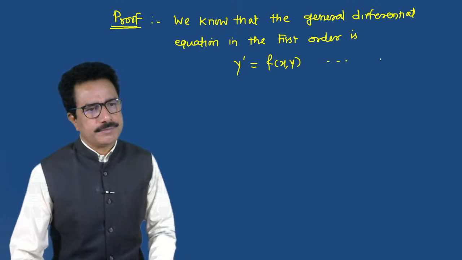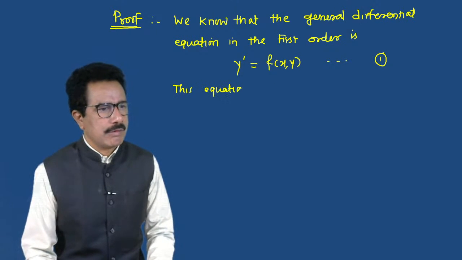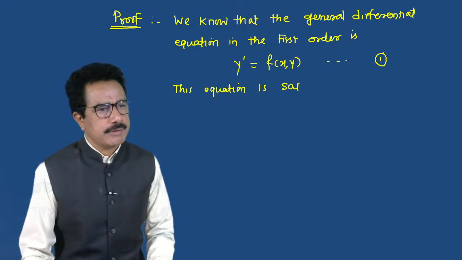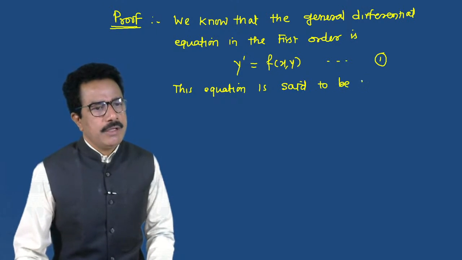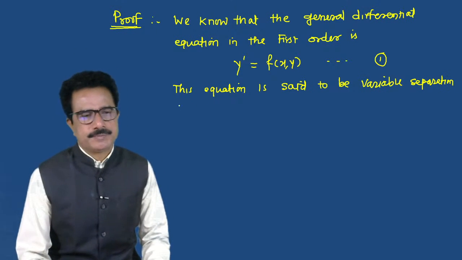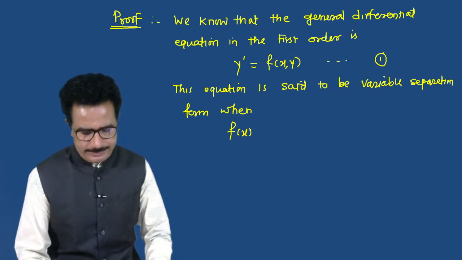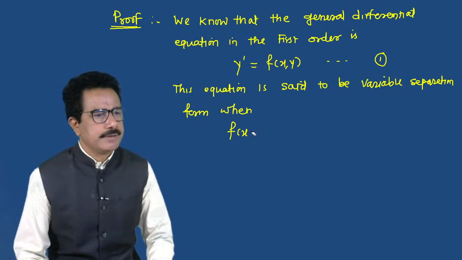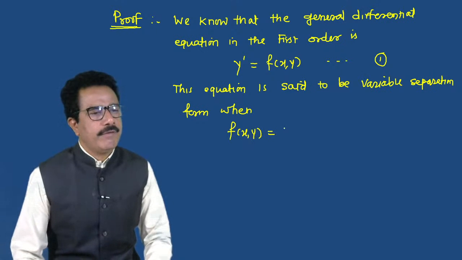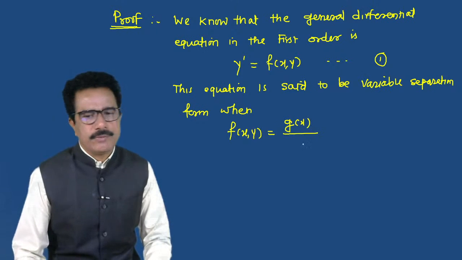See, this equation is said to be variable separation form when f of x comma y can be written as g of x divided by h of y.